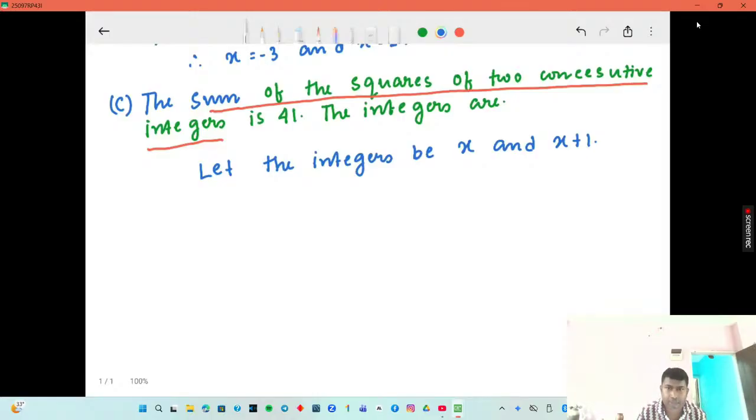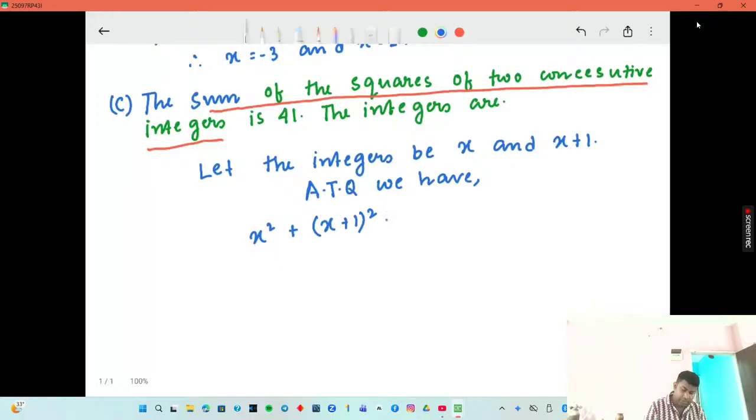Let the integers be x and x plus 1. Okay. So now according to question we can write, x square plus x plus 1 whole square is equal to 41.